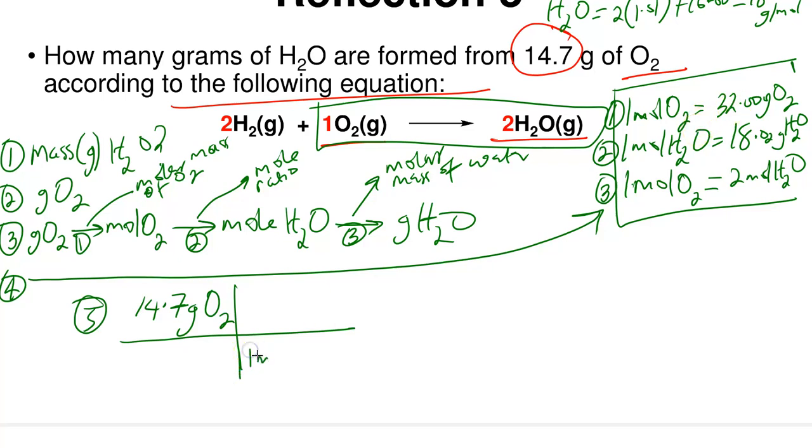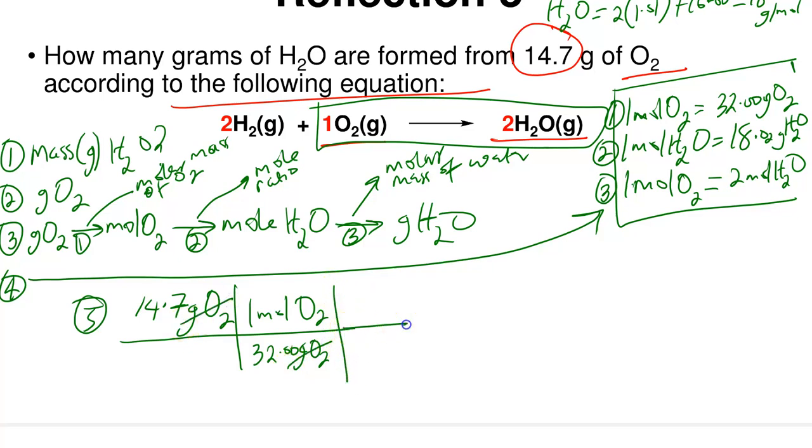Since we want to remove the grams, we want the grams to be on the bottom. That's 32.00 grams of oxygen per 1 mole of oxygen. This cancels out the grams.